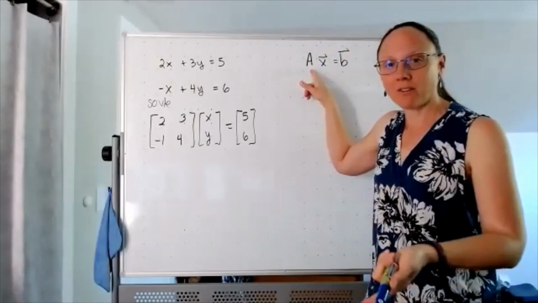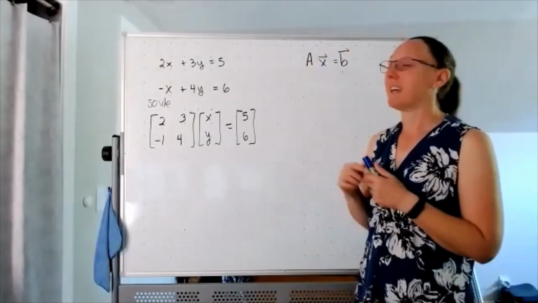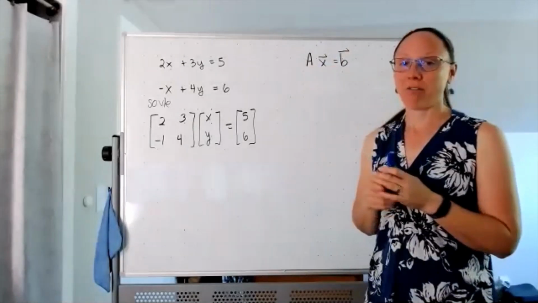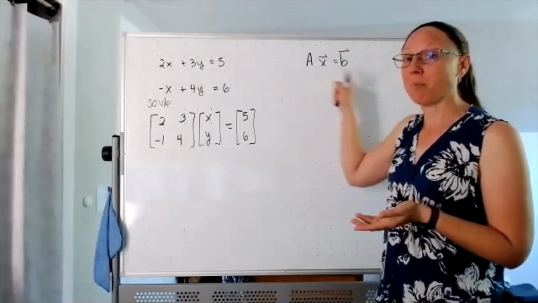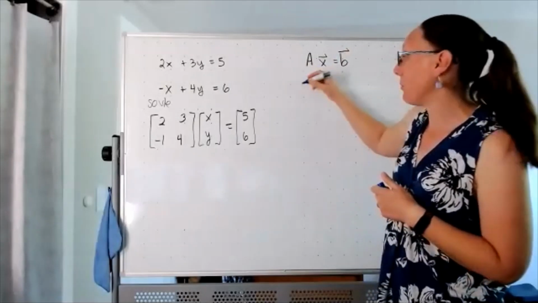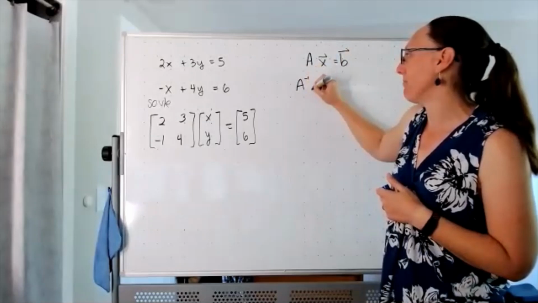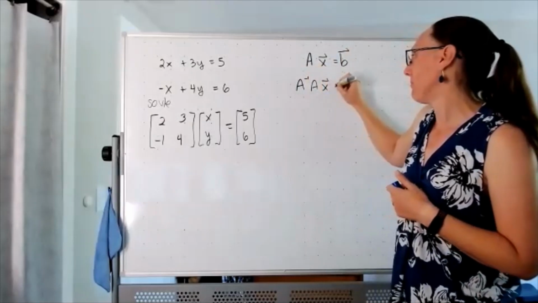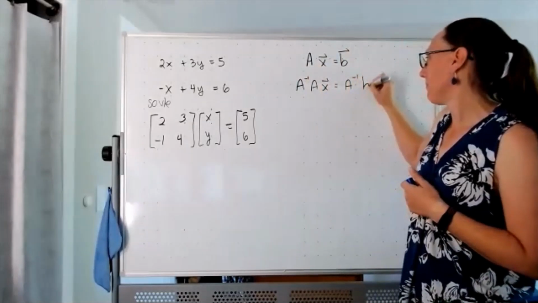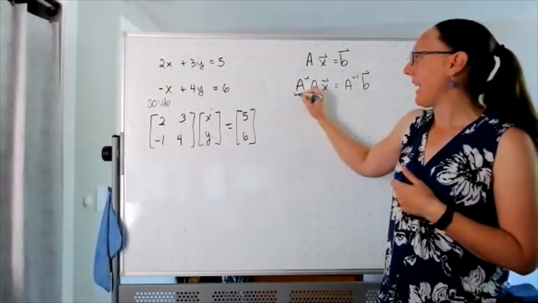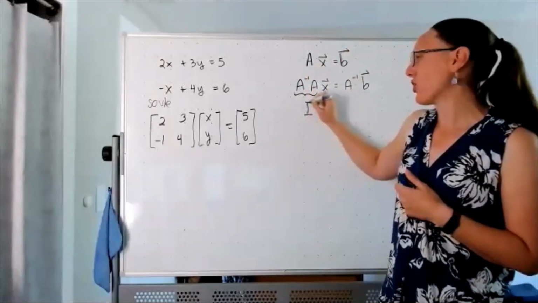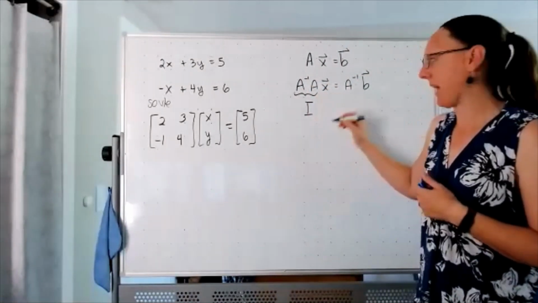But with our newfound skills, we do have a way to isolate the x by itself, because if I take both sides of this equation and multiply by A inverse, A times A inverse should give me the identity matrix back.